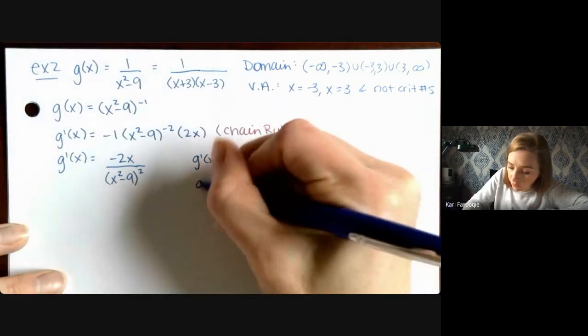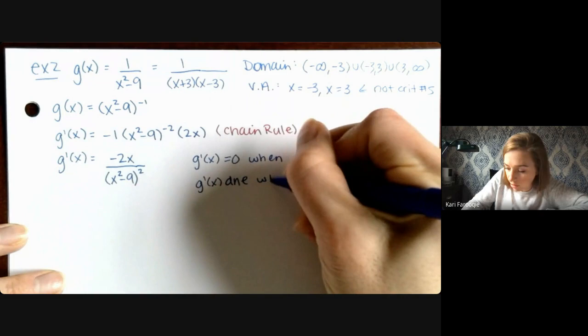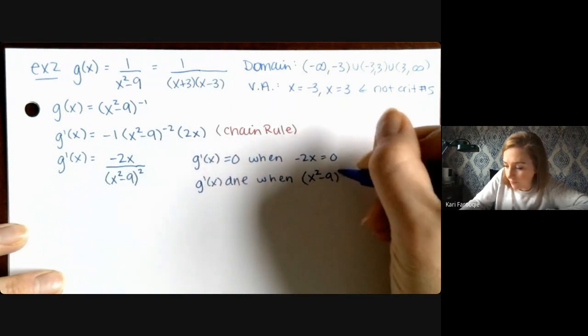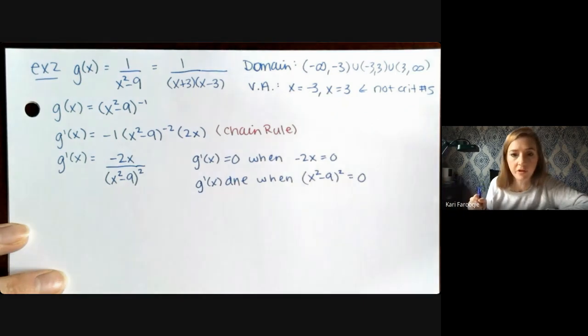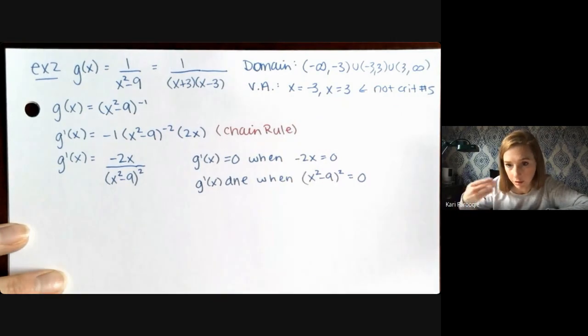Now, if we're trying to figure out where it does not exist, we'll say that g prime does not exist when the denominator equals 0. If the denominator equals 0, we can't divide by 0, so that means we have a DNE situation, undefined. But if the numerator equals 0, well, 0 divided by a number gives us 0. That's why this works the way it does.